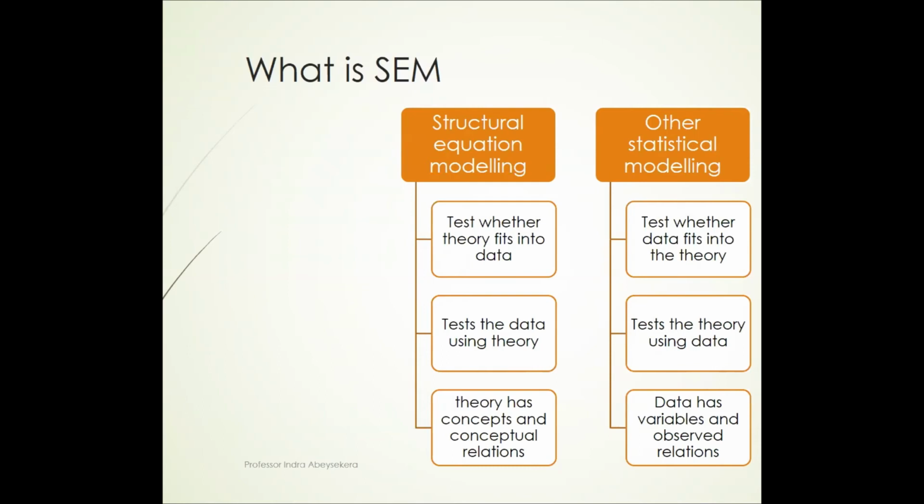So the difference here is that the other statistical techniques are driven by the data, because our focus there is on the observations, and we measure the observations. Those measurements of observations become our data, right? Facts. And then we use those facts to test the theory. That's what we do in other statistical techniques.